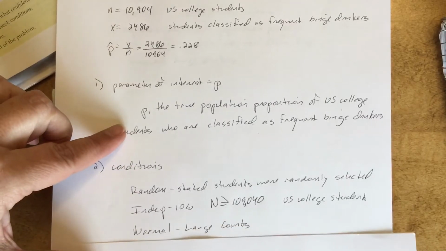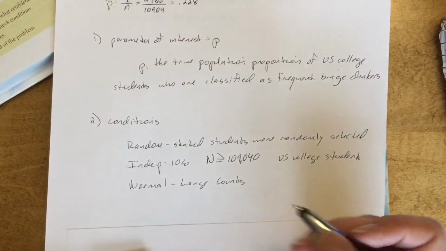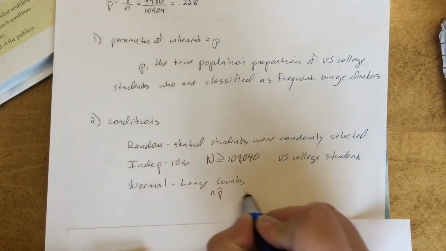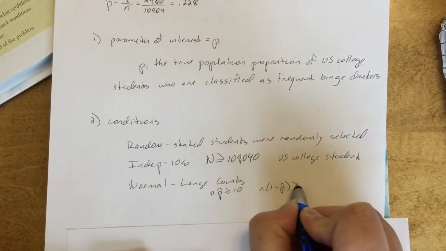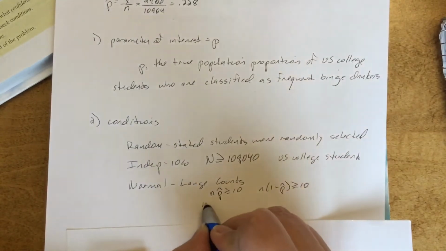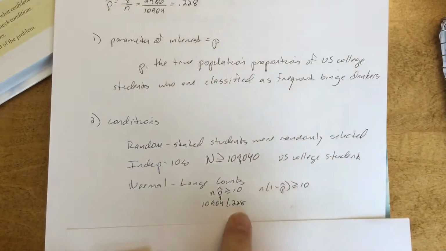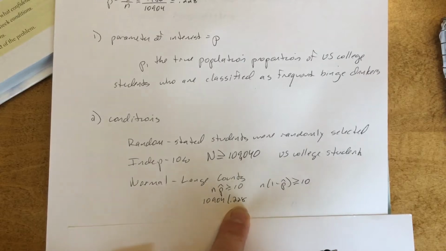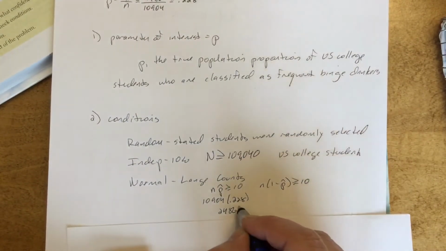Now, our normal condition for large counts, again, we don't have a p, so we have to do n times p-hat, and it has to be greater than or equal to 10, and then n times 1 minus p-hat has to be greater than or equal to 10. So, of course, if I have 10,904 and I multiply it by my sample proportion, it should be roughly the sample count.